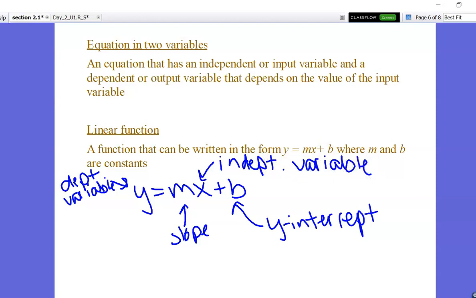I abbreviated dependent and independent with DEPT for dependent variable and INDEPT for independent variable. M is always the slope, B is always the y-intercept, which we find at 0, and then some number. Anytime we substitute 0 in for our x value and solve the equation, we'll always get the y-intercept.